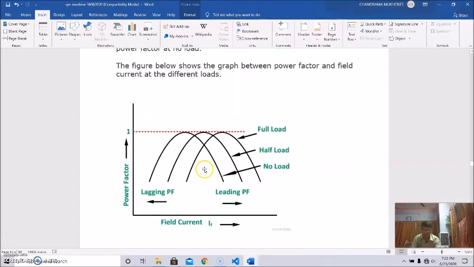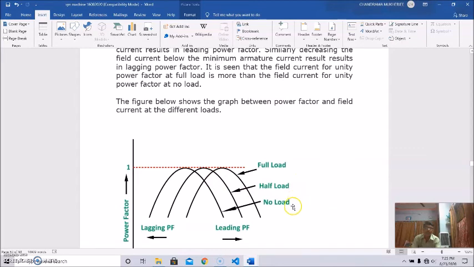So in a nutshell, we have discussed the operating characteristics, operation at constant load with variable excitation.